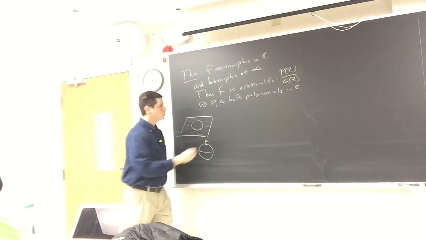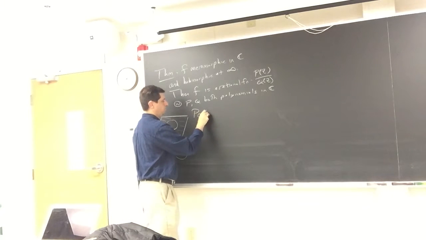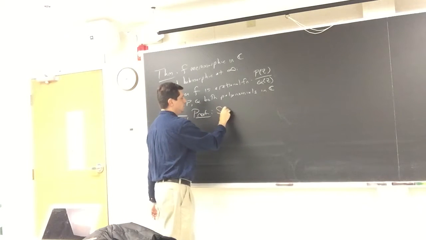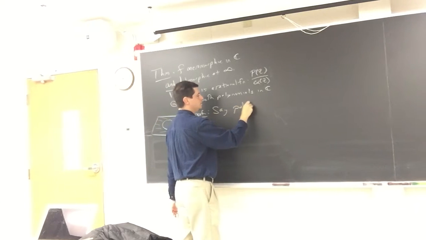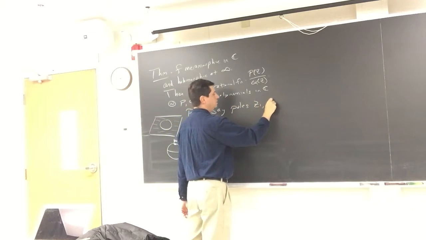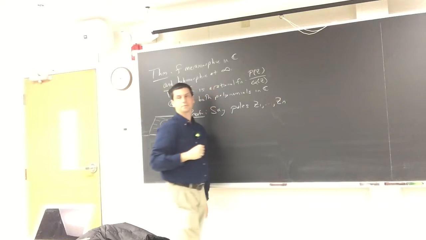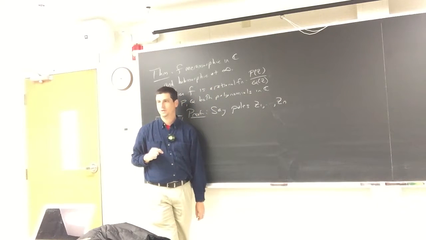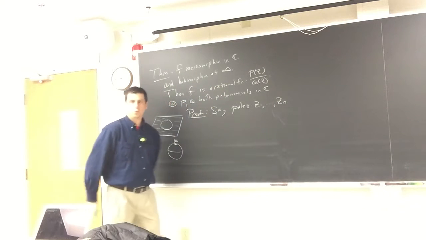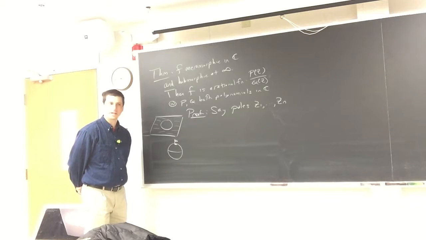Okay, so proof. Say we have poles at z1 through zn. What would happen if we had infinitely many poles?